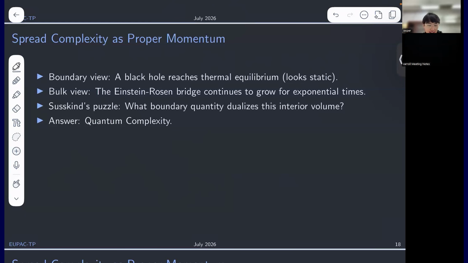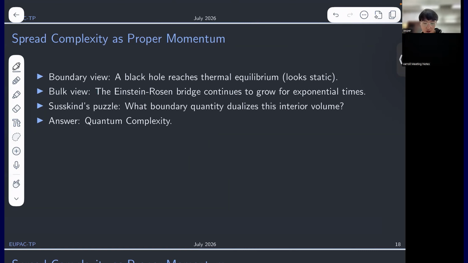So in early days, around 2015, I believe, Susskind and his colleagues and Maldacena, they had this idea that we know that the black hole reaches thermal equilibrium really fast, and also at the boundary we can see that if we keep mixing up states of the boundary, it seems to arrive at thermal equilibrium in a pretty short amount of time.